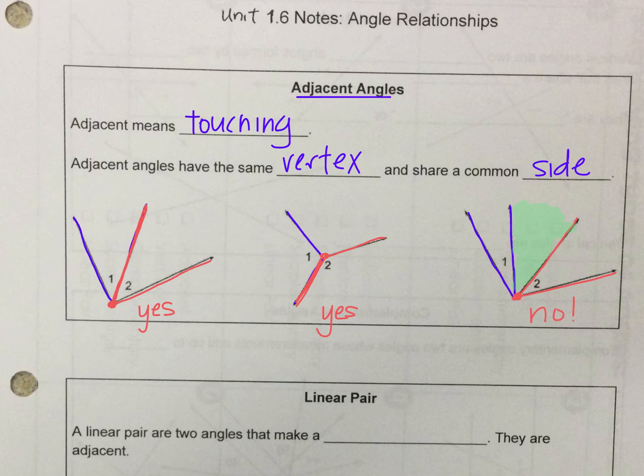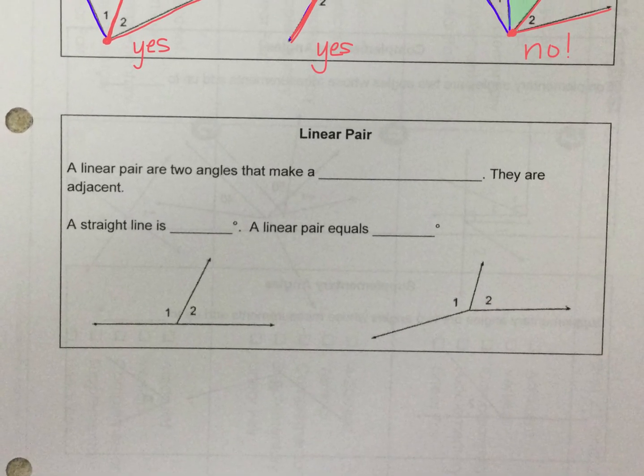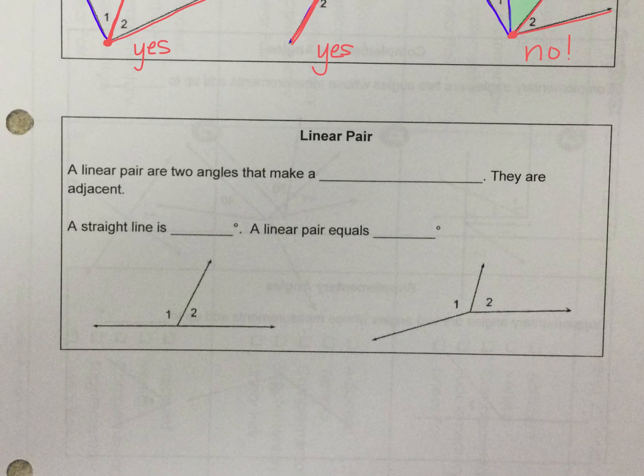Okay, let's talk about what linear pairs are. A linear pair is two angles that make a straight line. And they're adjacent, so they're going to be touching and they're going to make a straight line.